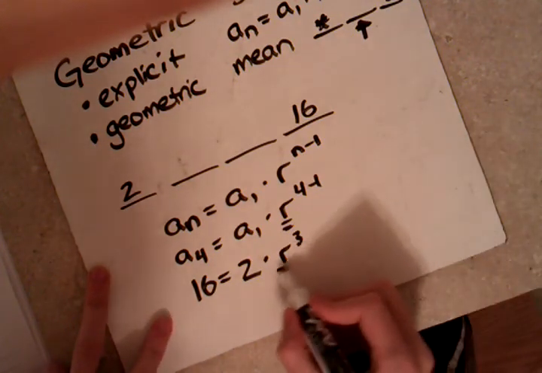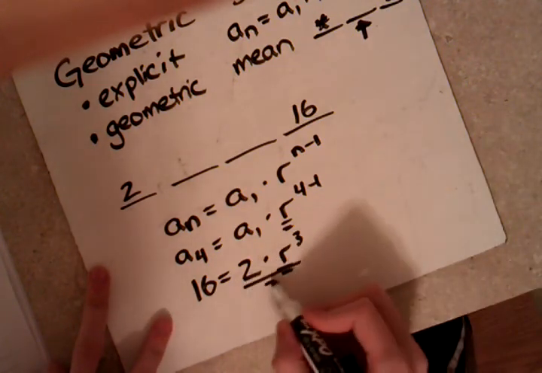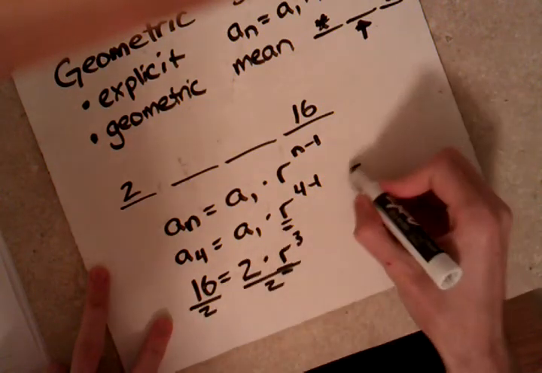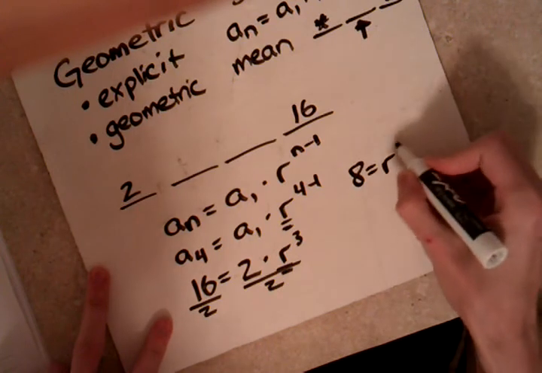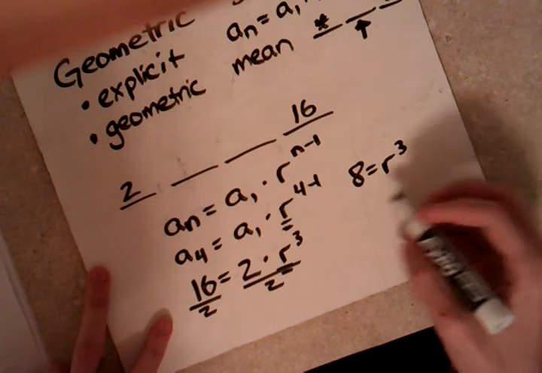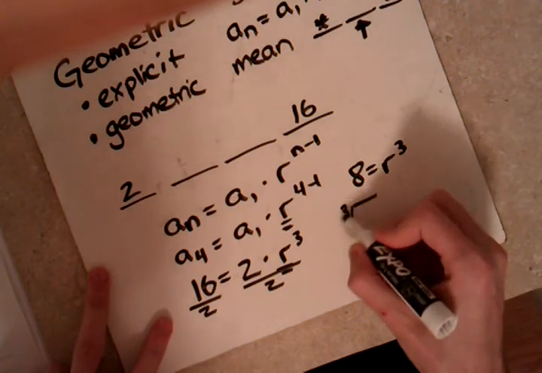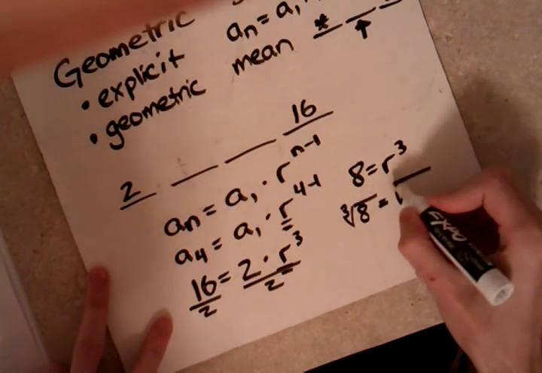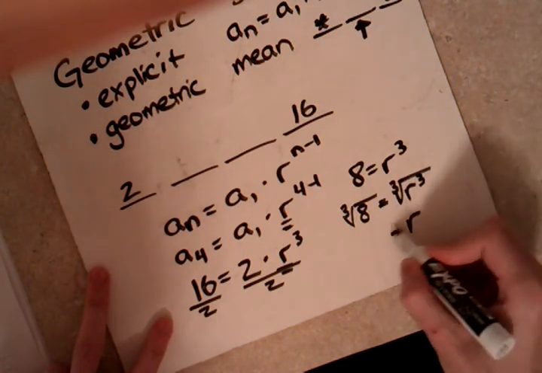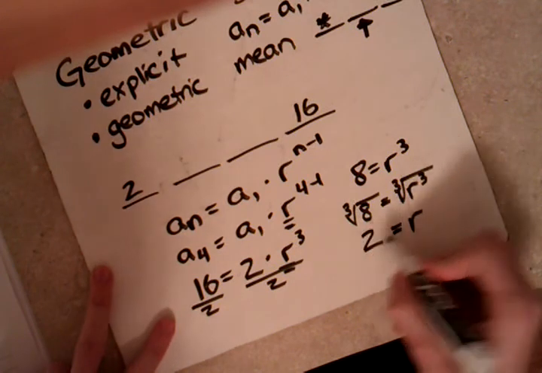So here, solving for r, I'm going to divide both sides of this equation by 2. 16 divided by 2 would be 8. And then the opposite of cubing something is to take the cube root. So here, the cube root of r to the third is just r, and the cube root of 8 is 2.